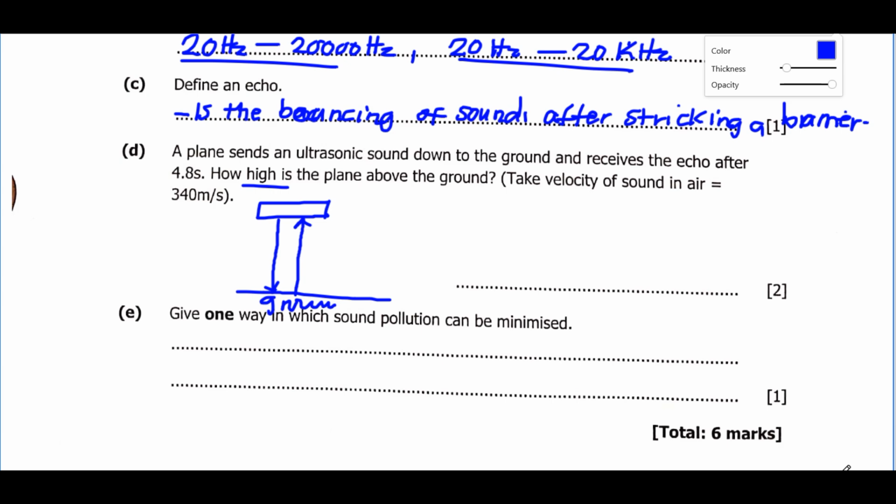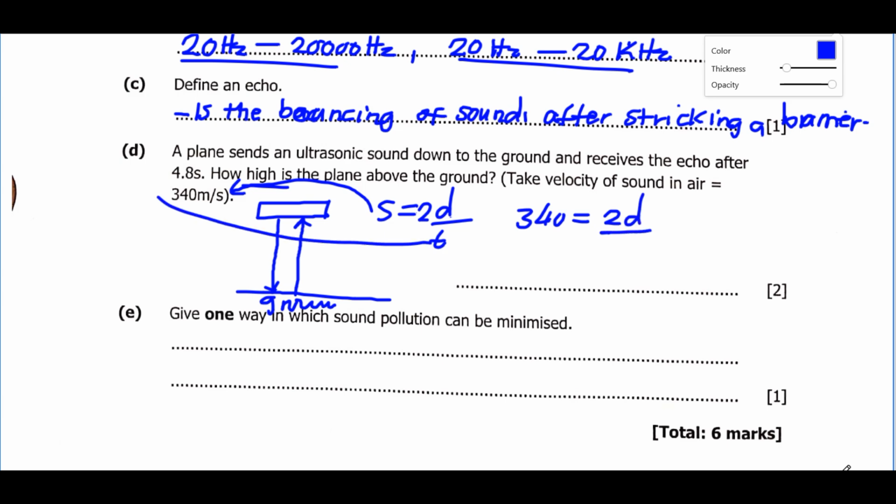So how do you deal with this one? You say speed is equal to distance over time, but since there is the going and the coming back, you need to introduce 2. Our task is to solve for D. Speed is given as 340, equal to 2D over time, which is given as 4.8.